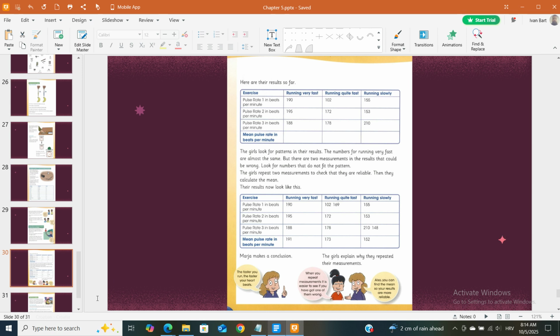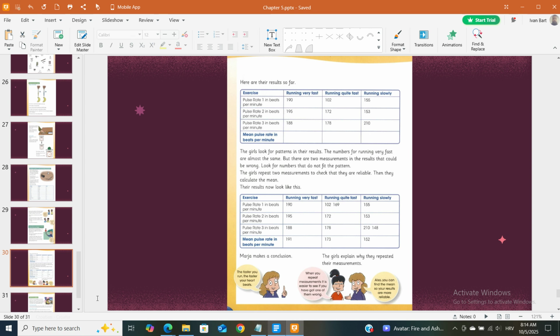Their results now look like this. Exercise: running very fast, running quite fast, running slowly. Pulse rate 1 in beats per minute: 190, 102, 169, 155. Pulse rate 2: 195, 172, 153.